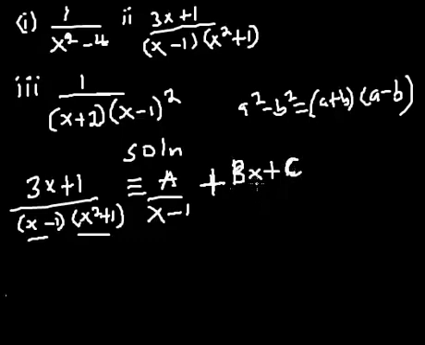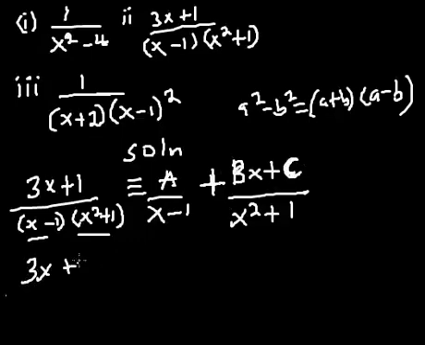The B is the coefficient of x, then C is a constant value, then you divide it by that, so please take note of that. That means invariably I'm going to be looking for three variables A, B, and C, so please take note of that.